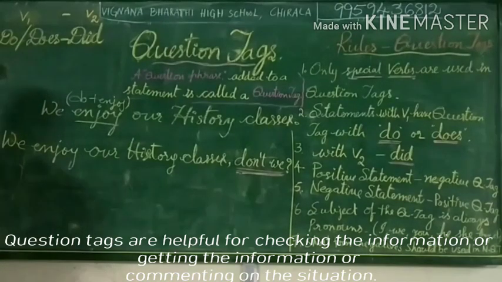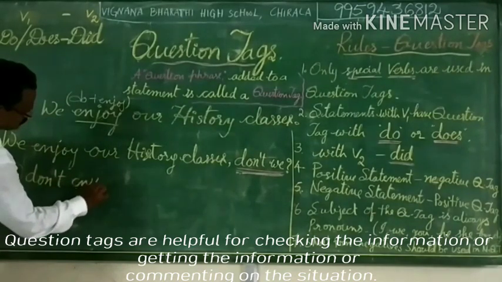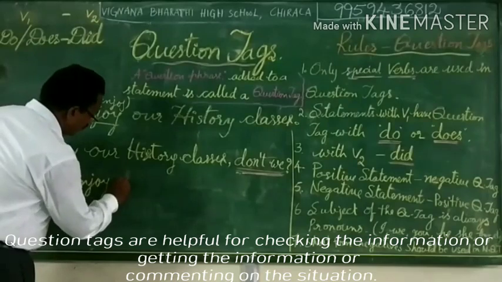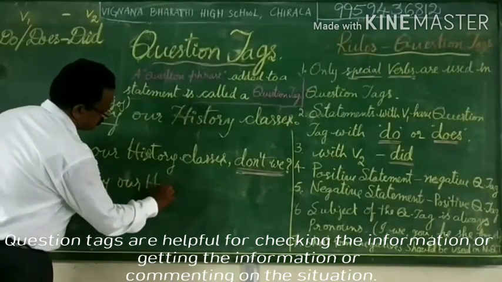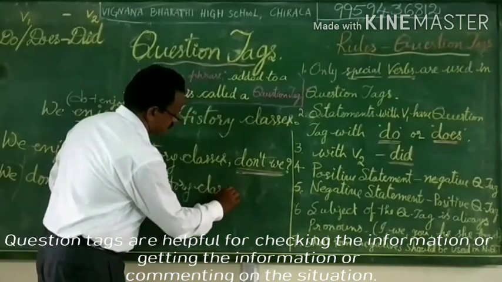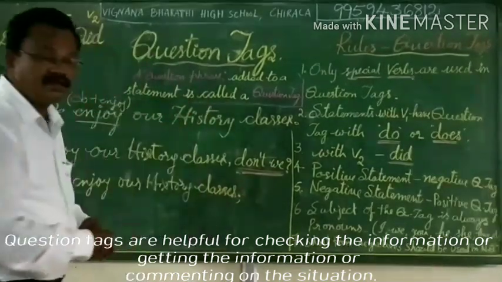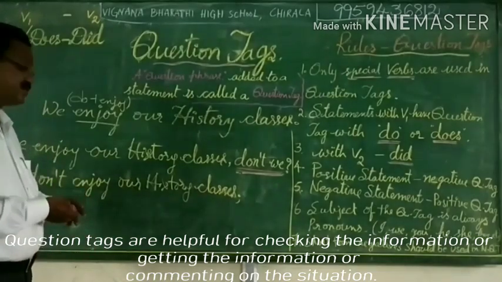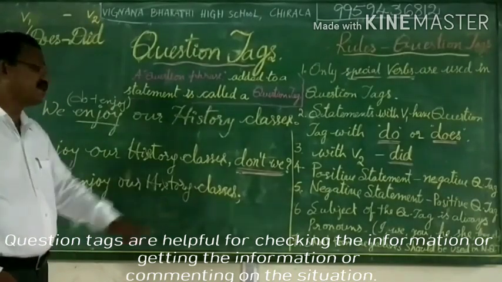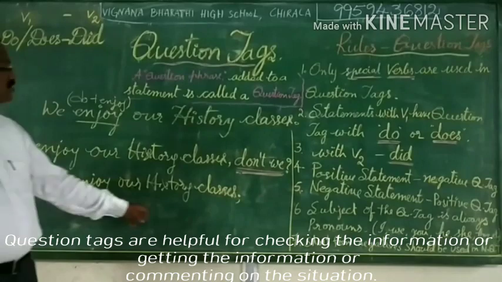Okay, if we have the same sentence in a negative sense: we do not or don't enjoy our history classes. How do we make this question tag? We see, we don't enjoy our history classes. In this sentence, negative sense. So this is a negative statement.